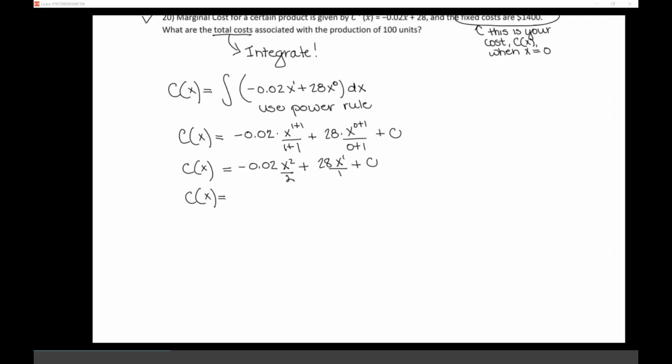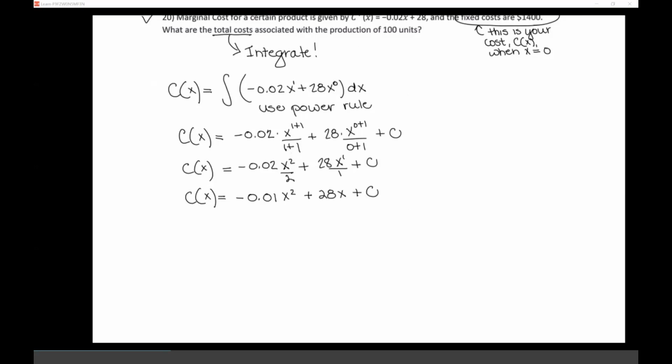Okay, now one more pass through the algebra. You can see 2 goes into negative 2/100ths, right? So this coefficient becomes that. Okay, and then 28x to the first over 1 is just 28x plus c. Everybody okay with that?